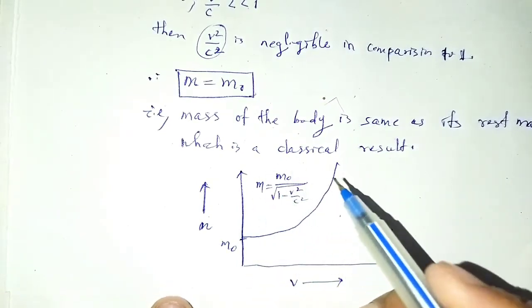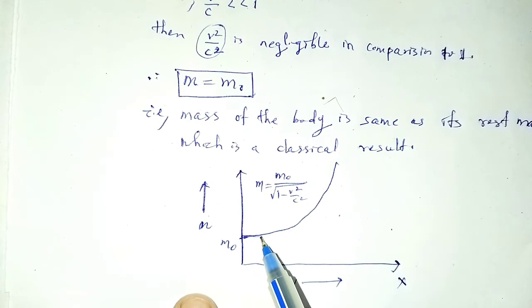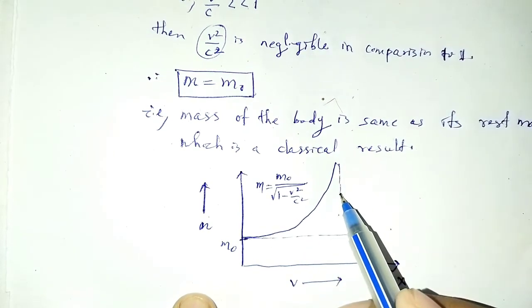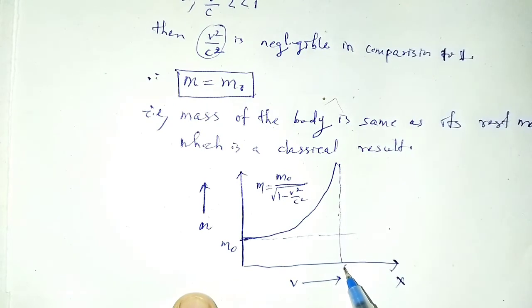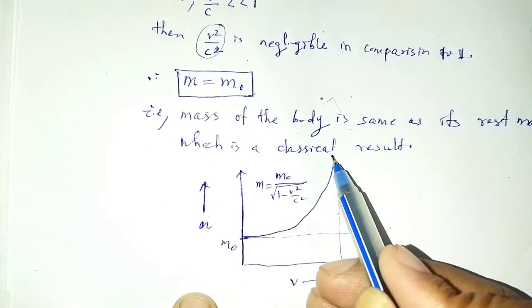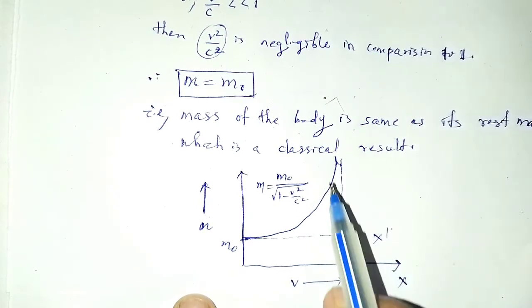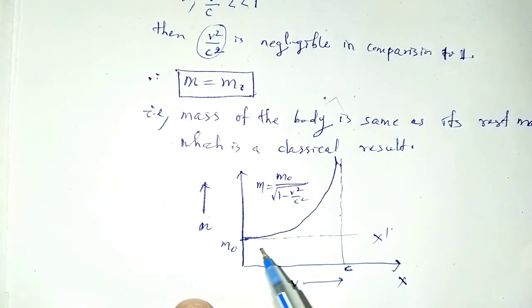This is the relativistic mass equation. Here this is at velocity tending to c. This is the graphical representation of how mass varies with velocity.